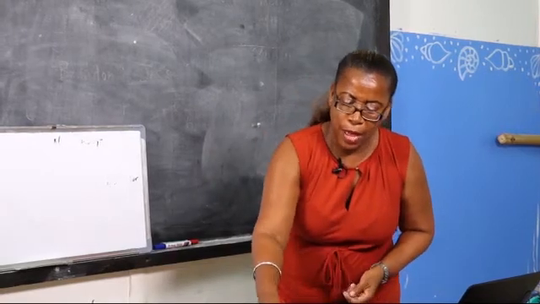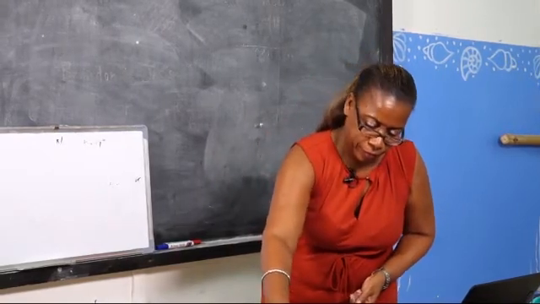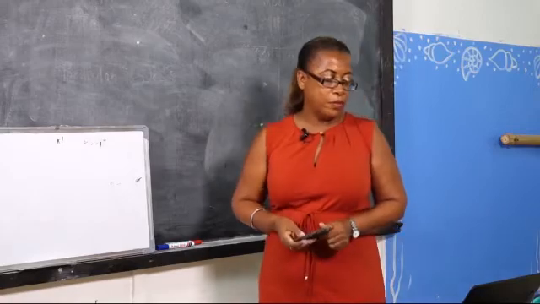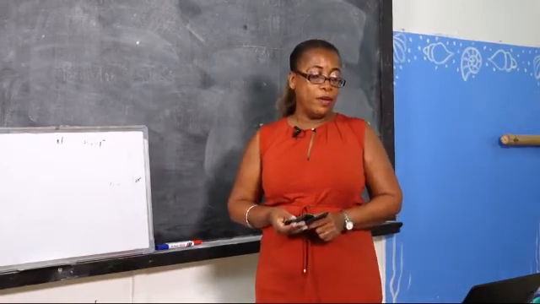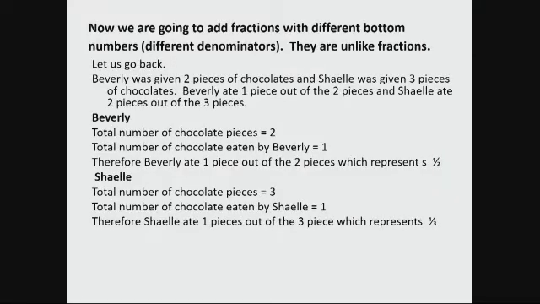So, Beverly was given 2 pieces of chocolates and Charles was given 3 pieces of chocolates. Okay?